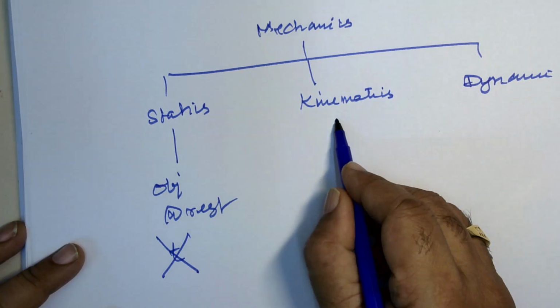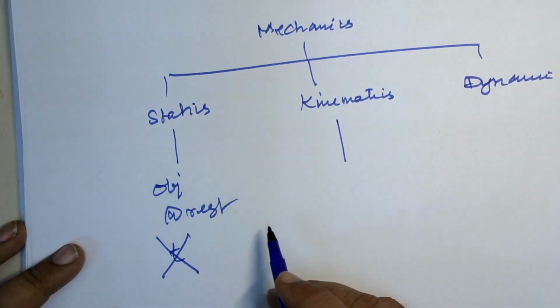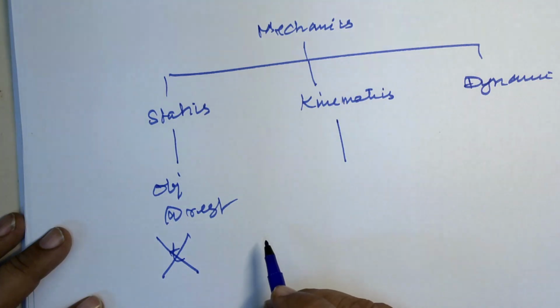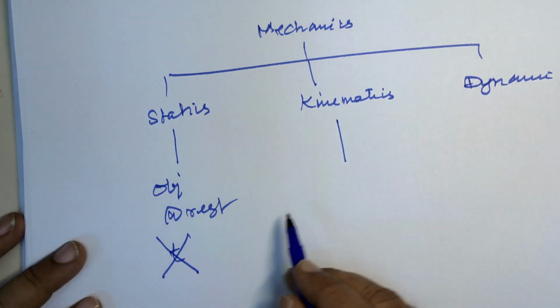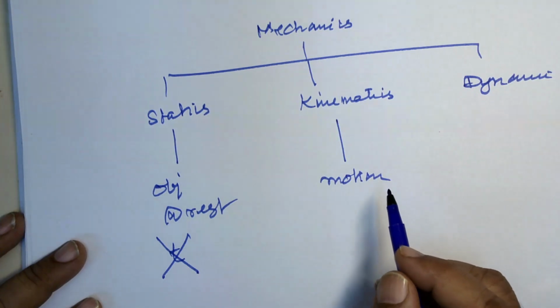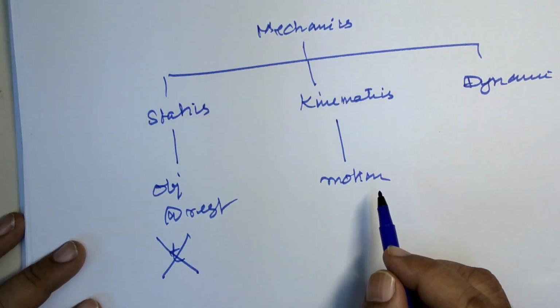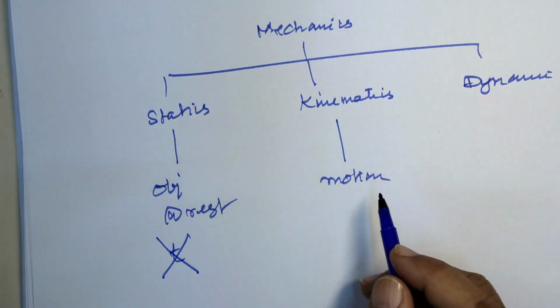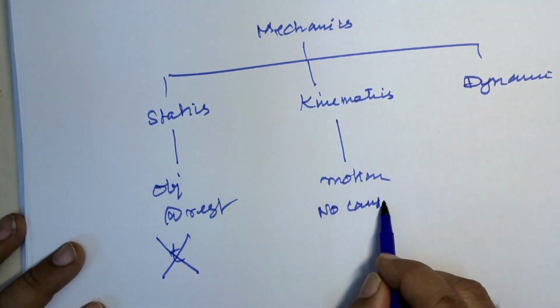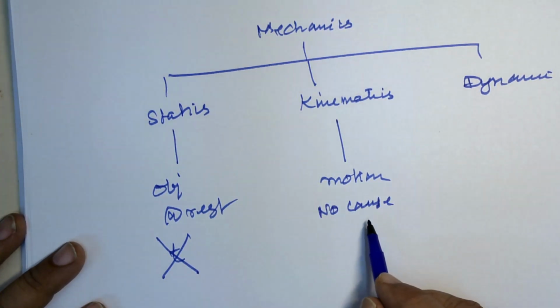Now, kinematics. It describes the motion of objects without looking at the cause of motion.